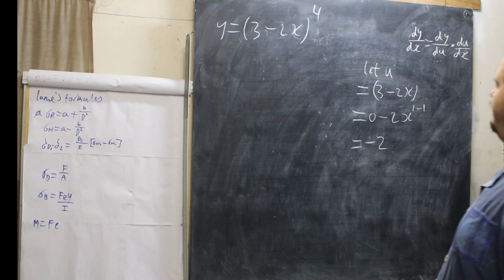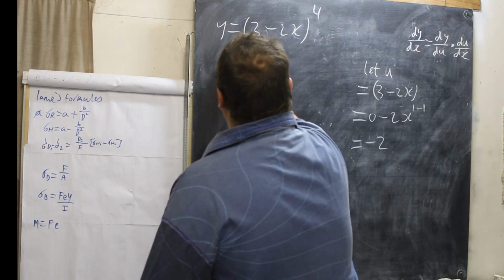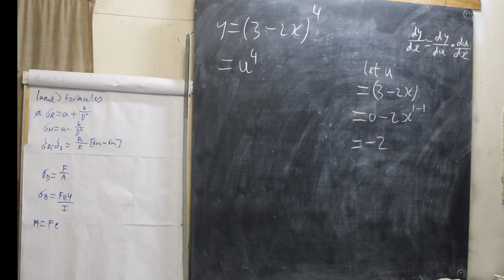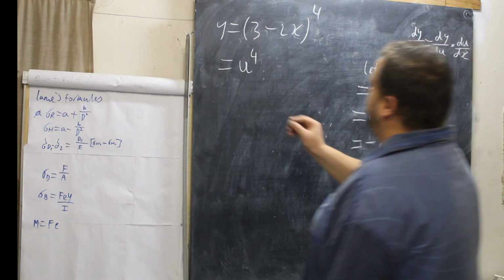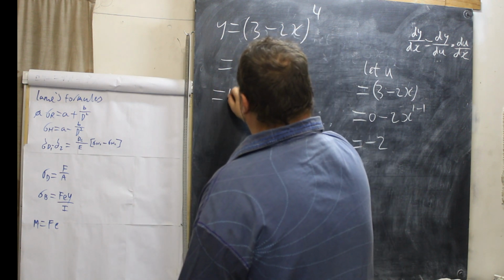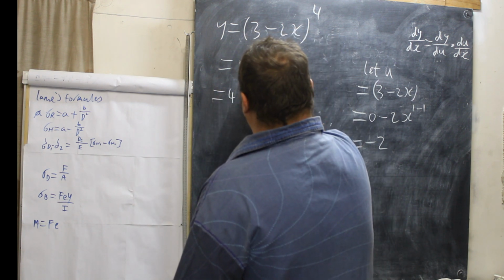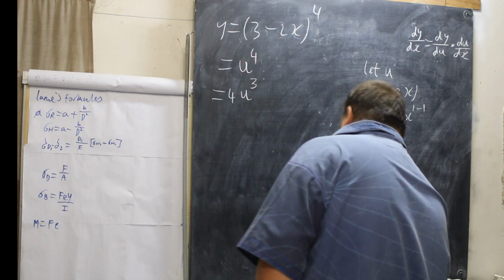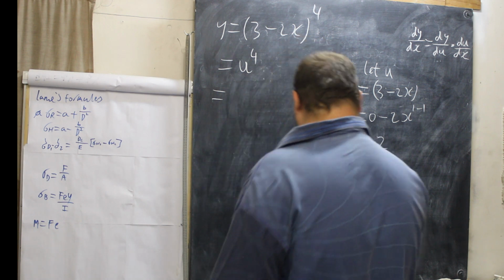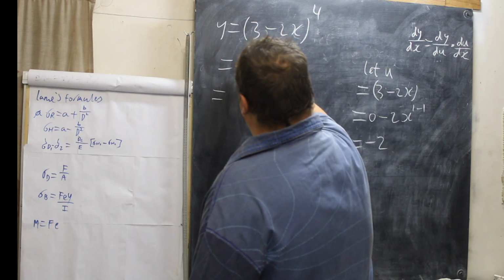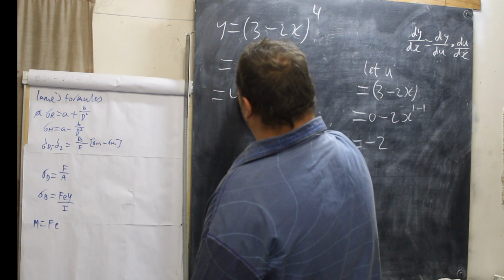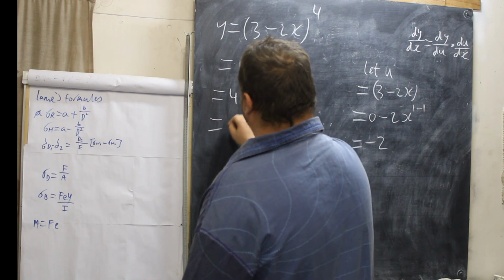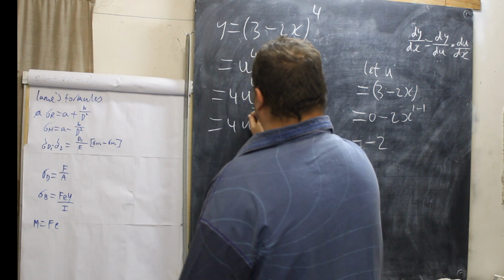So now what we have is u to the power 4. So how we're going to do this is equal to 4u to the power 3. What I've basically done here is taken 4 times 1 is 4, u to the power 4 minus 1. So 4u to the power 3.